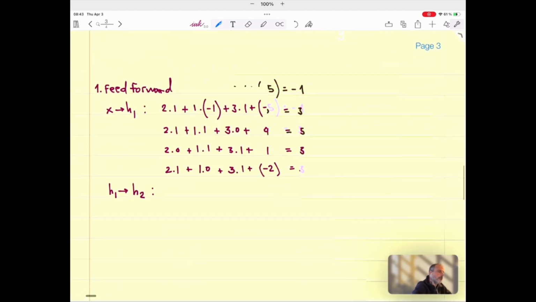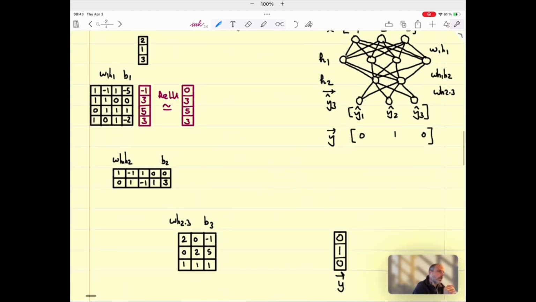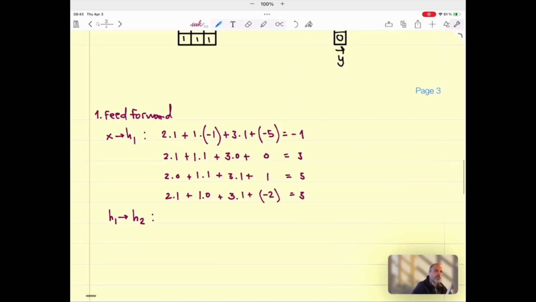We take this: 0 times 1 plus 3 times minus 1 plus 5 times 1 plus 3 times 0 plus 0. Not really rocket science. That equals 2.